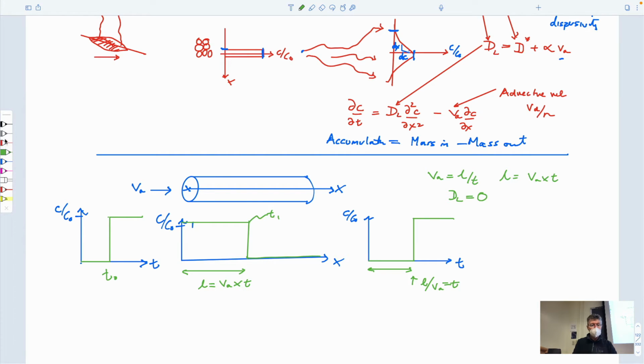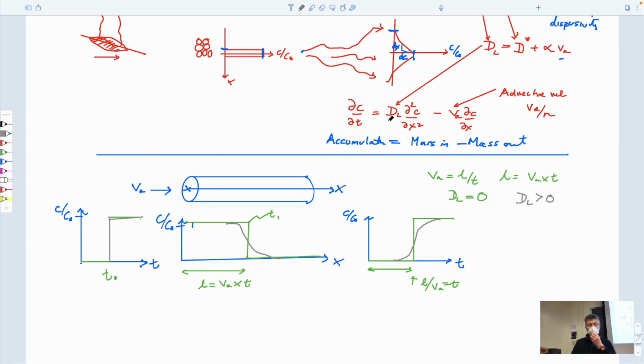If the dispersion is not equal to 0, it has to be positive, then it would look like this for the same input function. And I guess the output would look like this.